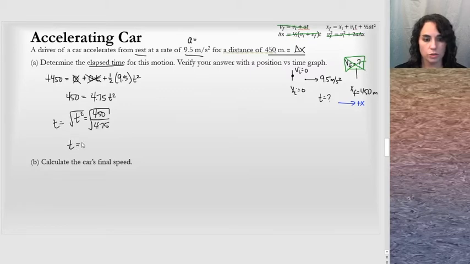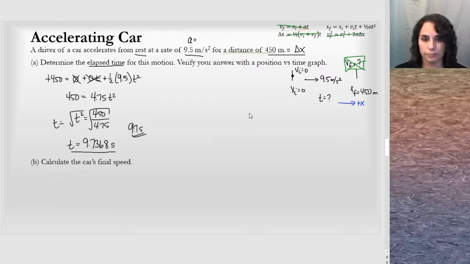When you run this through your calculator, you get t equals 9.7368. And the units is seconds. Okay, so there's the time. We could reduce this to two significant figures. 9.7 seconds, that's two significant figures, would be a final answer.